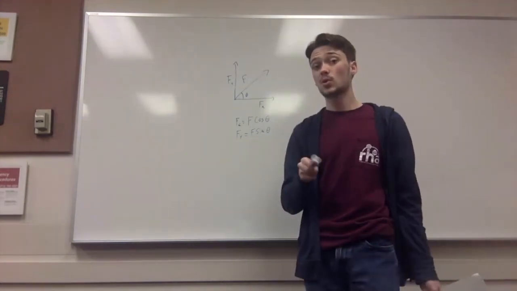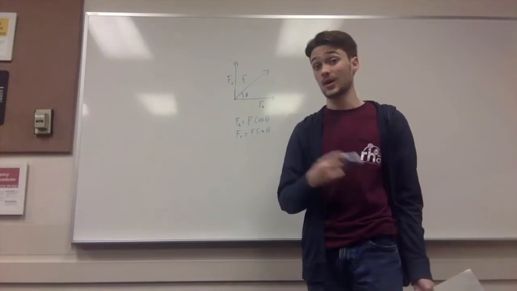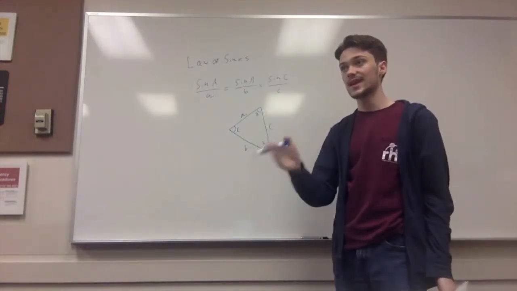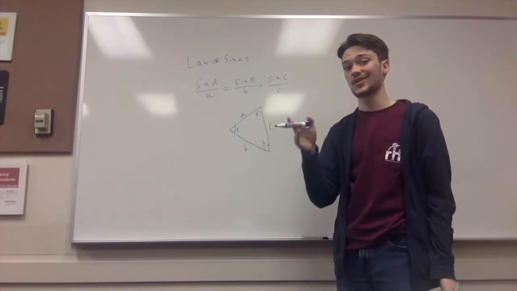Now, there are two important trig laws that I was introduced to today that I want to go over. It basically states that there's a certain proportionality between the angles of a triangle and the sides that are opposite to them.